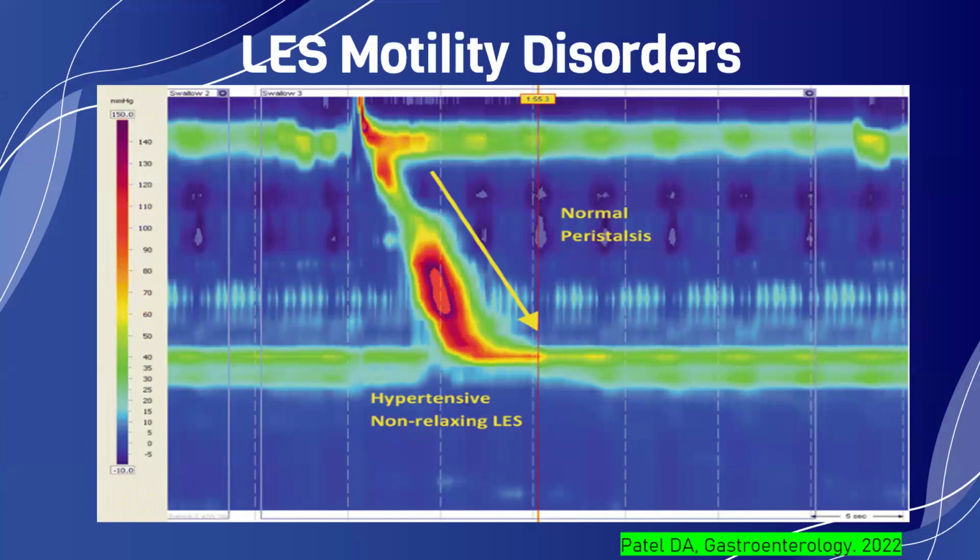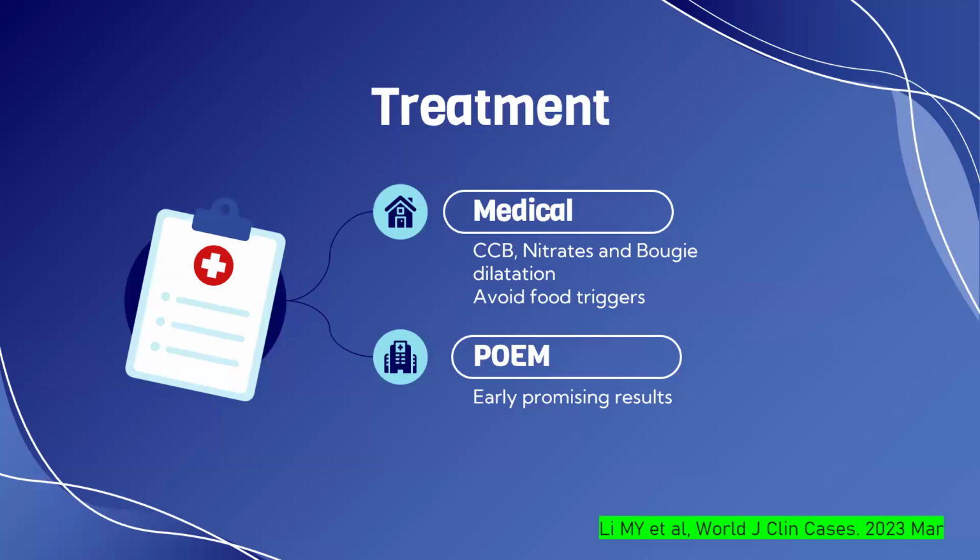Then we'll deal with the lower esophageal sphincter motility disorders. This is due to a hypertensive lower esophageal sphincter. Samir, go back to the previous slide. What is CCB? Calcium channel blockers.